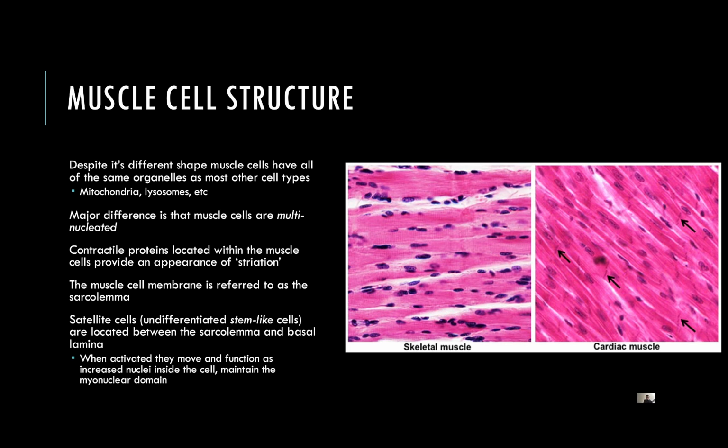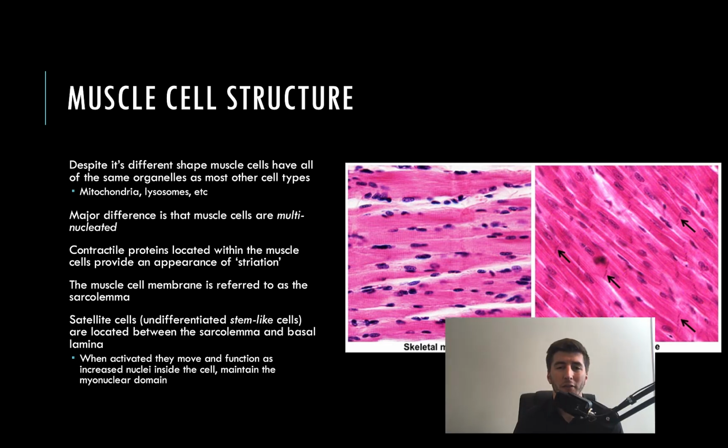Another aspect of skeletal muscle structure that you really need to pay attention to is the presence of something called a satellite cell. A satellite cell is a stem-like cell, or a dedifferentiated cell. And what that means is it can technically go into whatever it wants. It can turn into whatever type of cell that it wants.